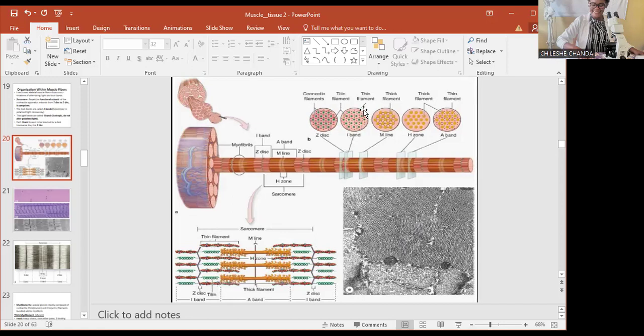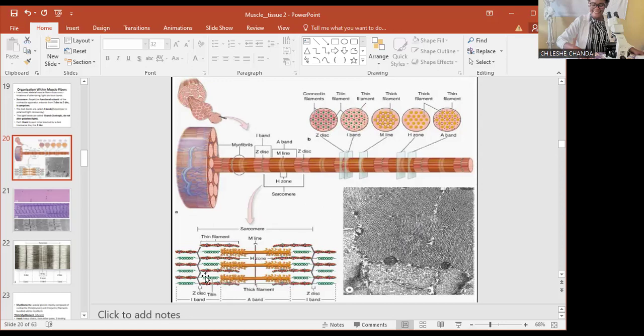This is what you're going to be able to see. There are these other thin proteins here known as titin, okay? You'll also be able to see them there. Those titins are coils. They are coiled in nature, so they just help to give the muscle tensile strength in coiling and recoiling.